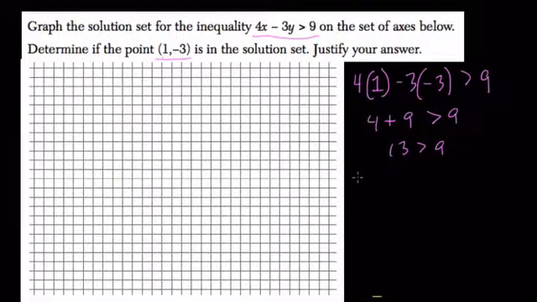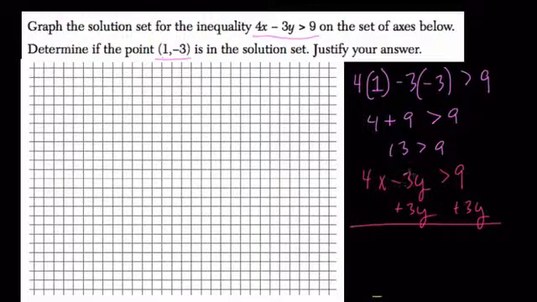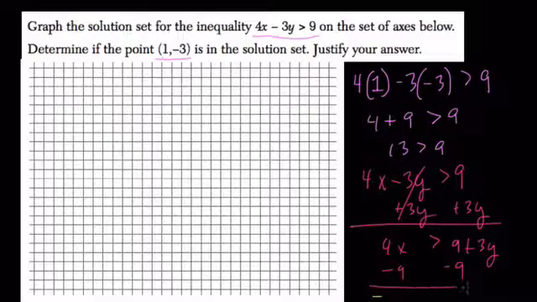Next, for me, what I like to do when I graph is rewrite in y equals mx plus b format. So that means I want y all by itself. I add 3y to both sides. I just do that to get rid of the negative 3y, right? I'll turn it to a positive. 9 plus 3y is less than 4x. And then I want to start isolating y to get it in the right format for me.